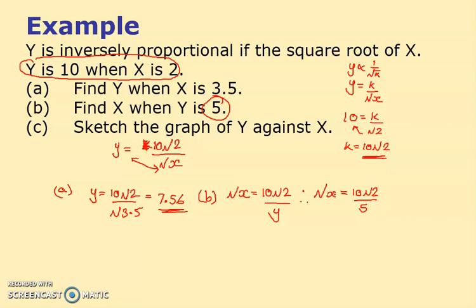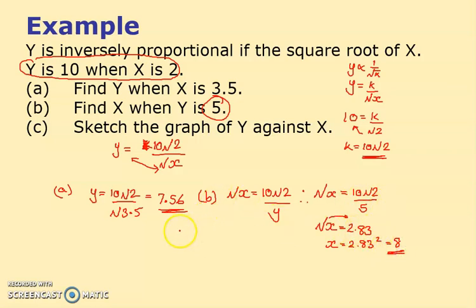And then I divide by 5. I've got 2 root 2, and that's 2.83, allowing for a bit of rounding error. Root x equals 2.83. Now notice the square root has got to move on to the other side. X is 2.83 squared. I shall use the proper number, not the 2.83. I get exactly 8. Probably should have known that because that was 2 root 2.